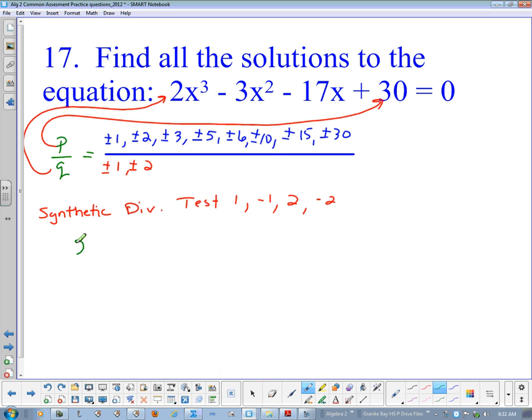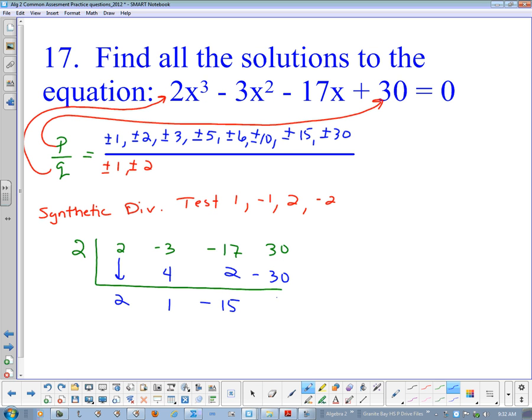Let's go through that. All right, I'm going to test the 2. This is synthetic division again. And we have to write our coefficients of the polynomial. So we have 2, then negative 3, then negative 17, and 30. We bring down 2, multiply 4, add 1, multiply 2, add negative 15, and then this is going to be negative 30.